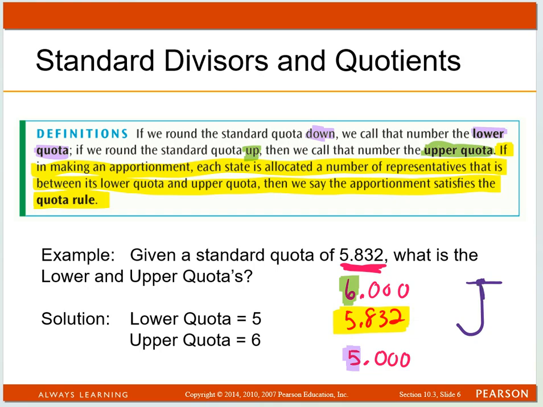So I'm like, down, down, down, down. So Jefferson always rounded down. That's how I remembered it. Okay, and I'm going to stop the video here because I'm sure I've confused you. Confused myself.